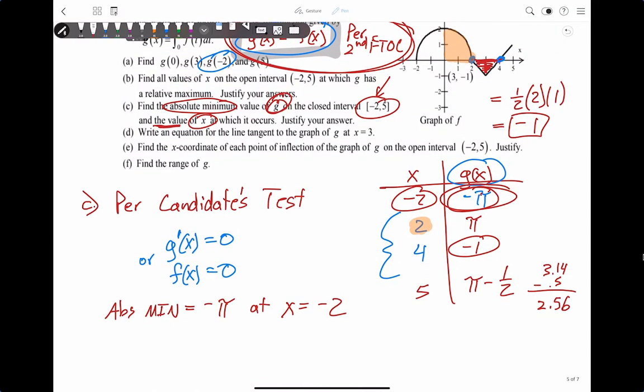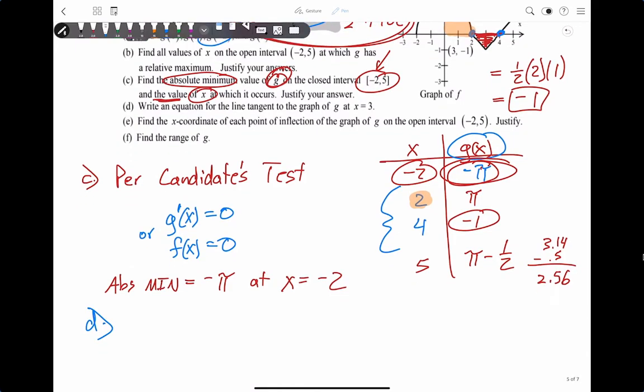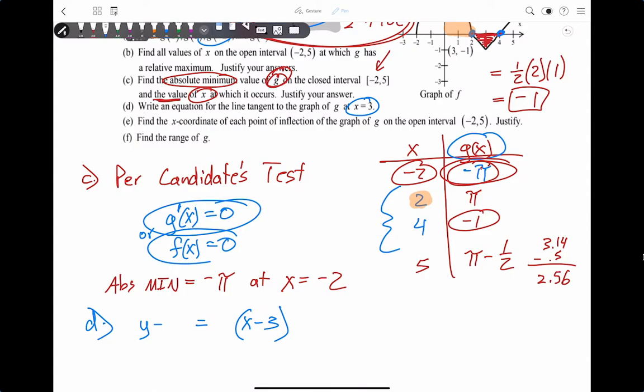So now let's go to part D. Part D says write an equation of the tangent line for g. So we're going to say y minus something equals the slope times x minus 3, because that's our at value. So now I need g prime at 3 to go here. g prime is f of x, so looking for g prime of 3 is the same as looking for f of 3.